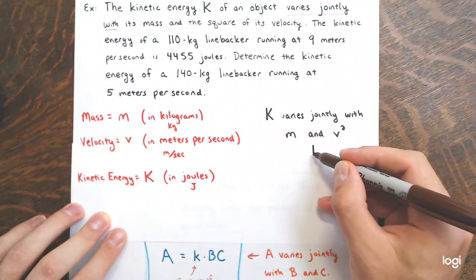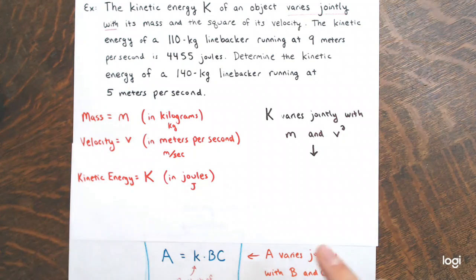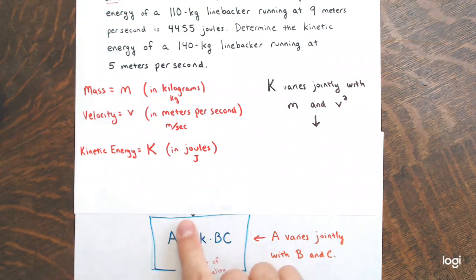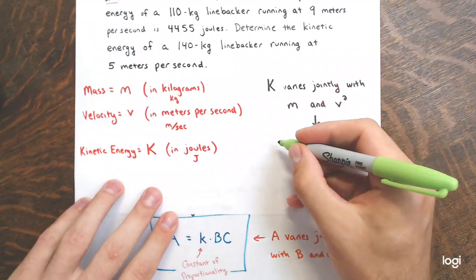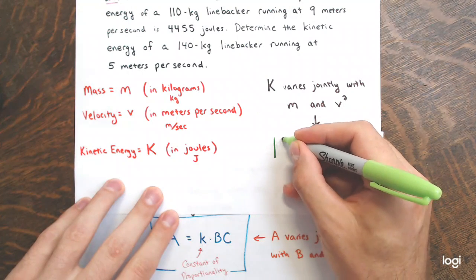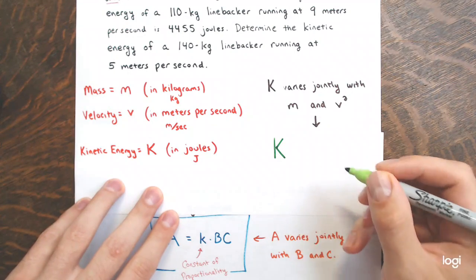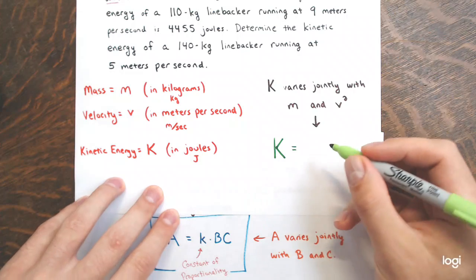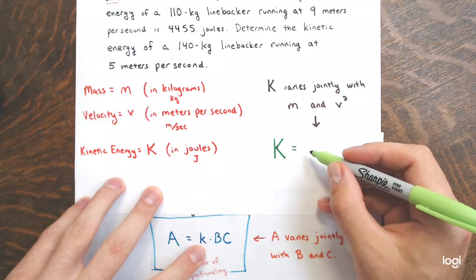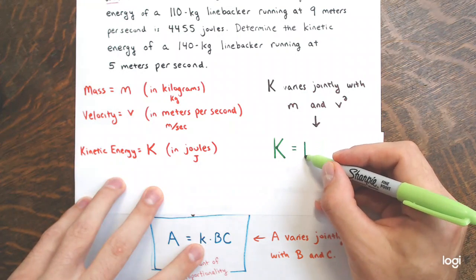All right, let me write an equation there, like I have down here in the blue box, when I talked about what it means for one quantity to vary jointly with two others. That means that we can write an equation like this: the kinetic energy, capital K, is equal to some constant, a lowercase k.